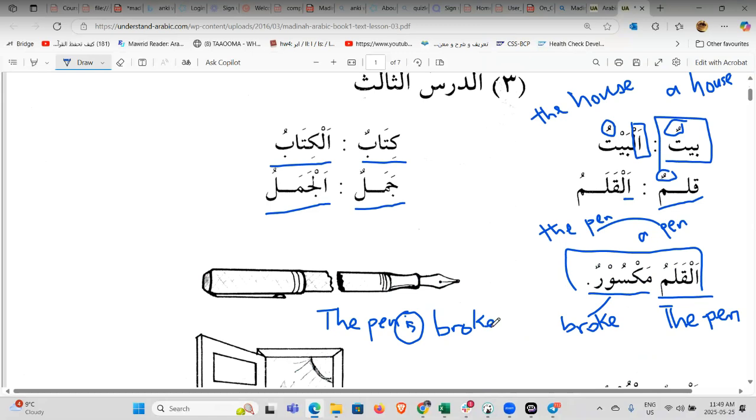Now, if I were to add alif and lam to maksur, so let's say I had al-qalamul maksur, what would that mean? Al-qalamul maksur, it would mean the broken pen.